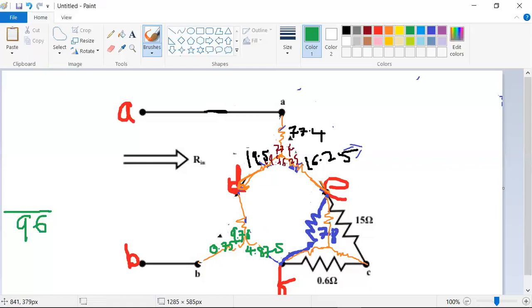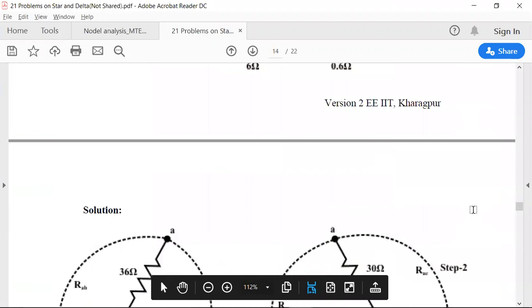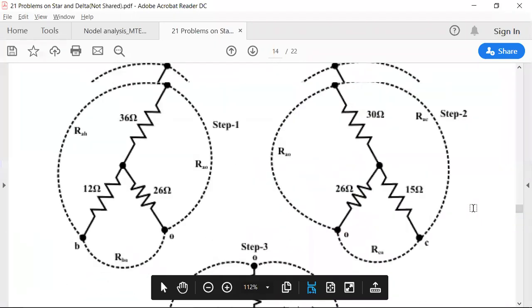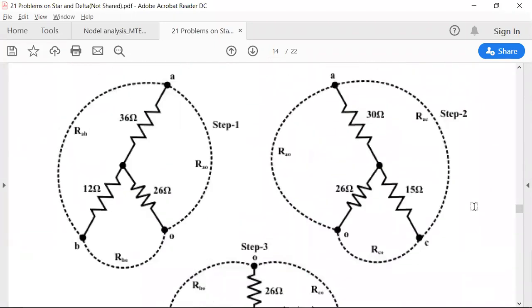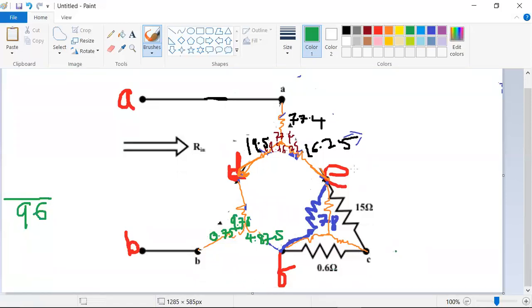What about this? Let me solve this also. This is 0.6 ohms. What about this? 0.6, right? That is 0.6 itself. Let me find this.